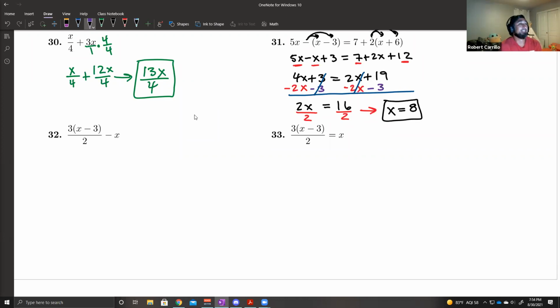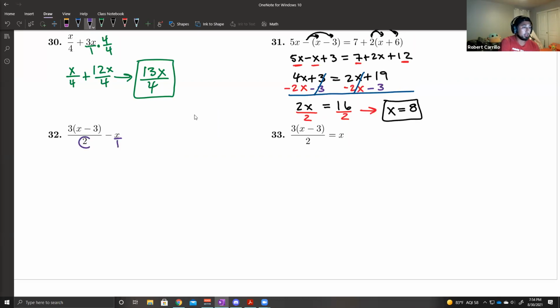Okay. 32. You have 3 times x minus 3 over 2 minus x. So this is definitely an expression, no equal sign. So we need to put these terms together. All we have to do here is put this x over 1.